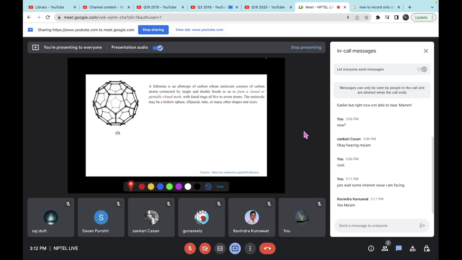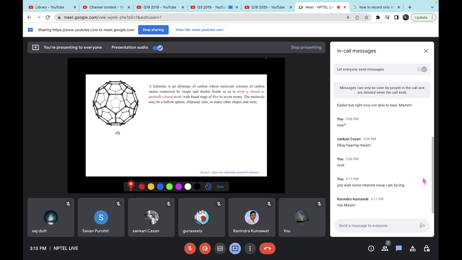Coming to our last option, which is fullerene. Fullerene is again an allotrope of carbon whose molecule consists of carbon atoms connected by single and double bonds so as to form a closed or partially closed mesh. The highlighted portion shows the one which is a discrete structure. With rings of 5 to 7 atoms, the molecule may be a hollow sphere, ellipsoid, tube, etc. in shape and size.